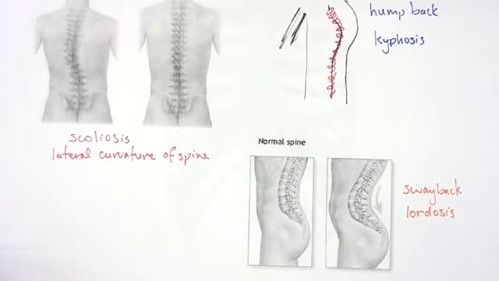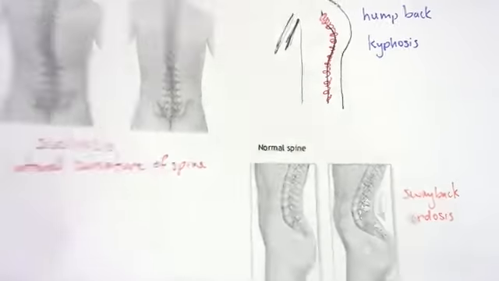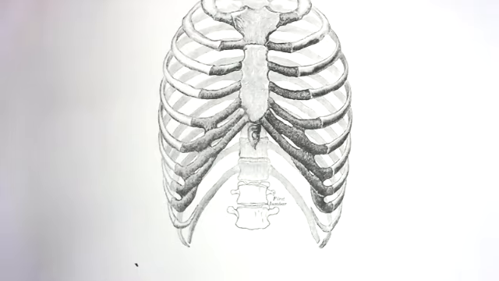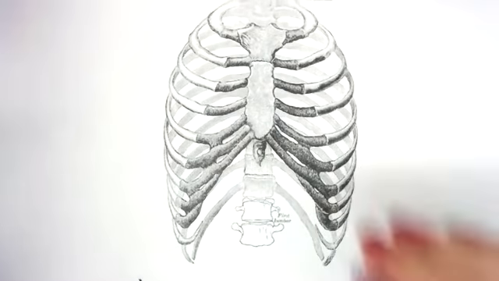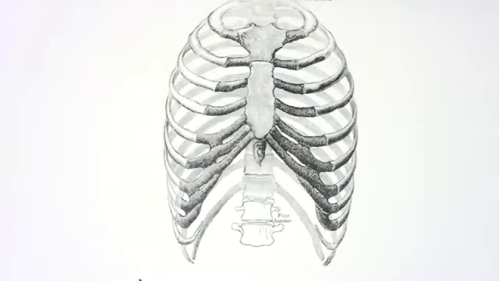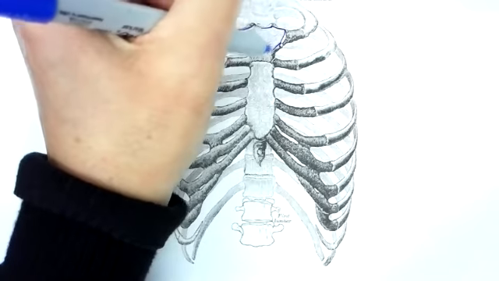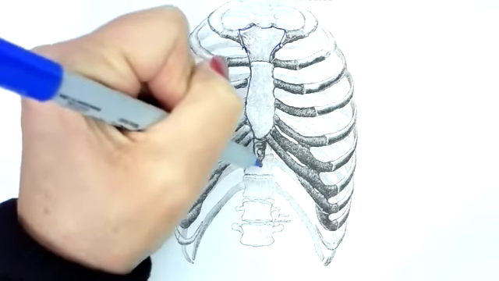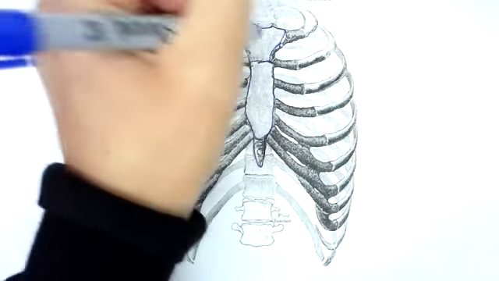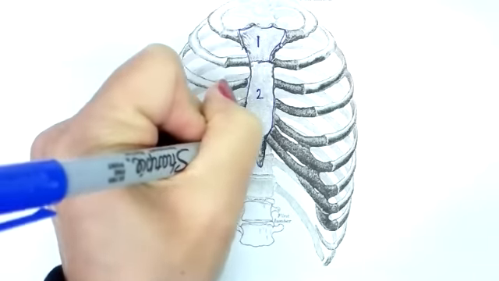All right, the last thing that we want to talk about are the ribs and the sternum. So the sternum is divided into 3 sections, and I'll do the whole sternum in blue, and then we'll talk about the 3 sections. Section 1, Section 2, and Section 3.